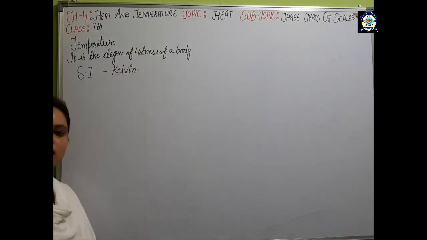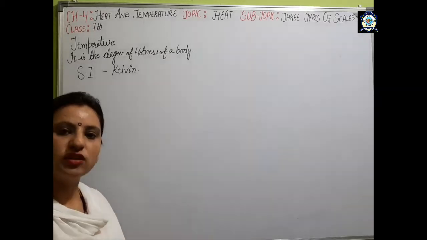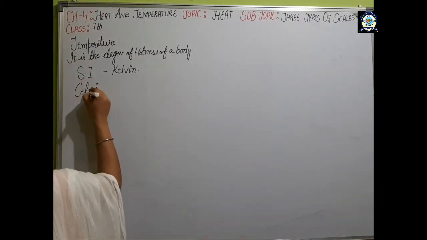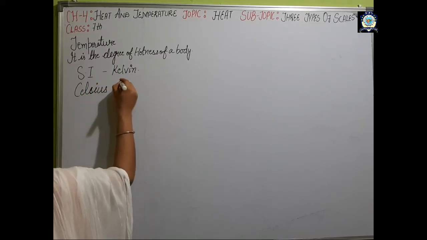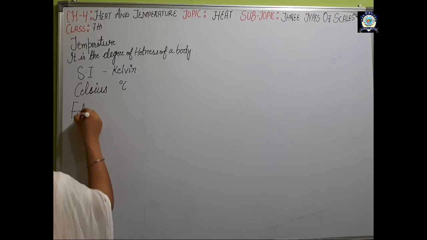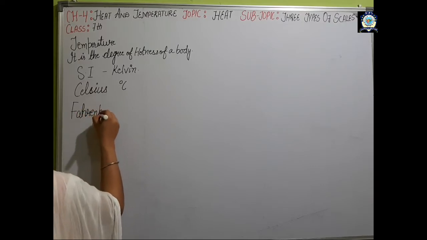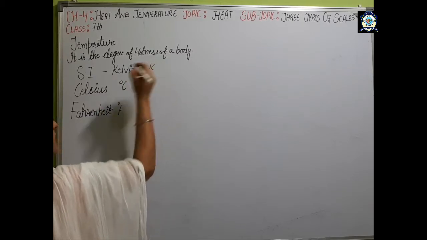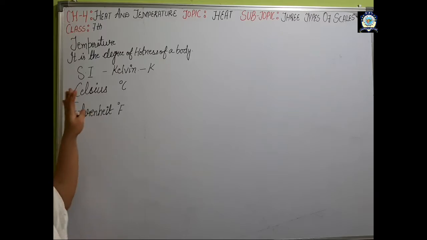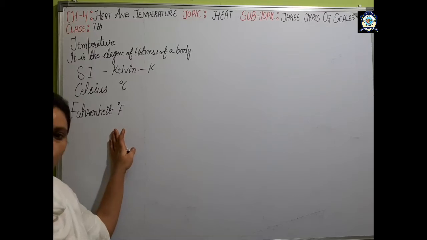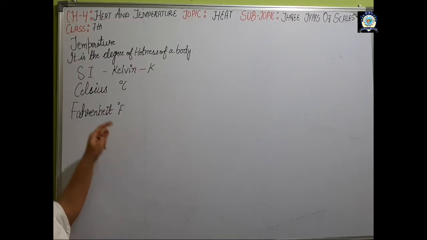and we can measure the temperature in two more scales, that is Celsius, that is degree Celsius, and Fahrenheit, that is degree Fahrenheit, and Kelvin is represented by K. So SI unit is Kelvin of the temperature, but two more scales can be used to measure the temperature, that is Celsius scale and Fahrenheit scale.